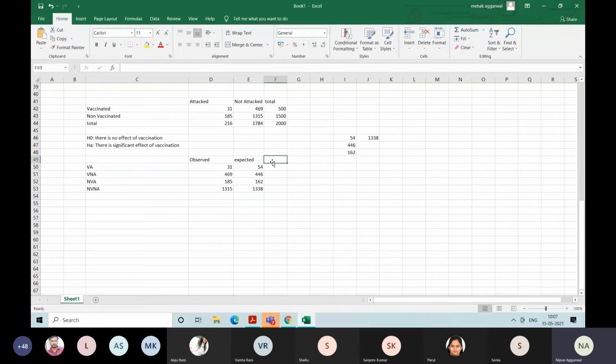Now the same way you can calculate your chi-square calculated. First is observed minus expected, for all the 4 cases. Next is observed minus expected squared, which is this multiplied by this.